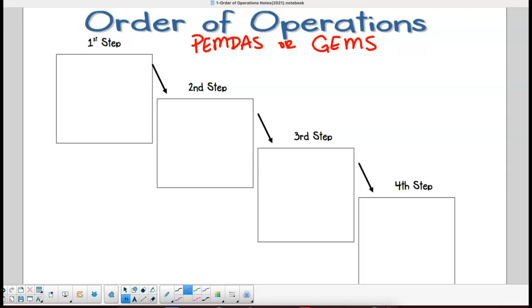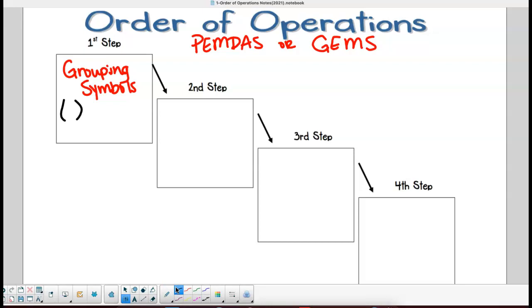So the first one, the P or the G. What does the P stand for? Liam? Parentheses. Now, I kind of like this one, G, because it's not just parentheses. The first step is grouping symbols. Grouping symbols can mean parentheses.